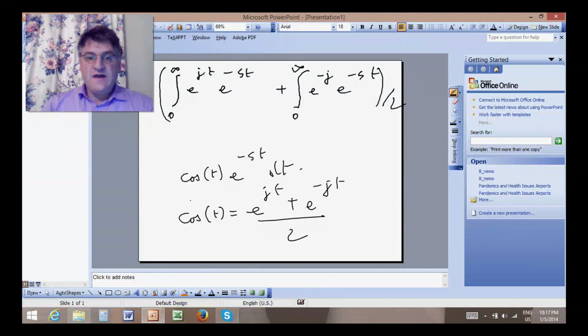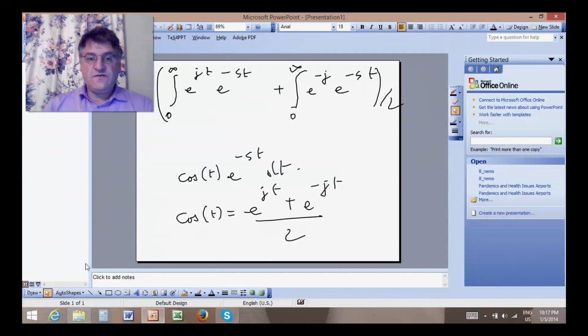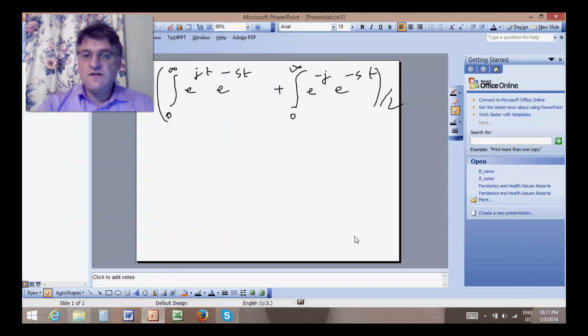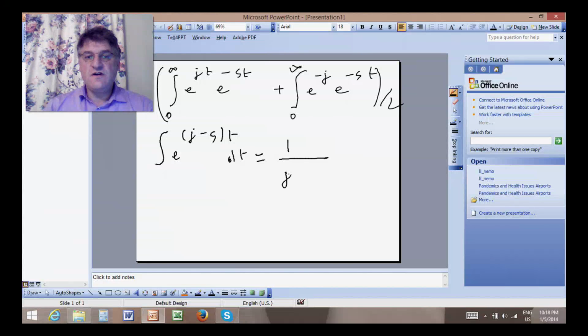And so this gives me the following expression. The integral of e to the jt e to the minus st is just the integral of e to the (j minus s)t dt, which is simply equal to minus 1 over (j minus s).